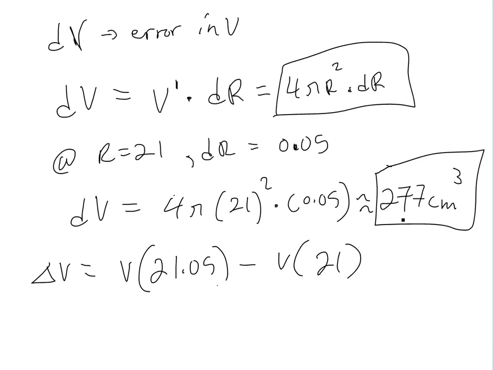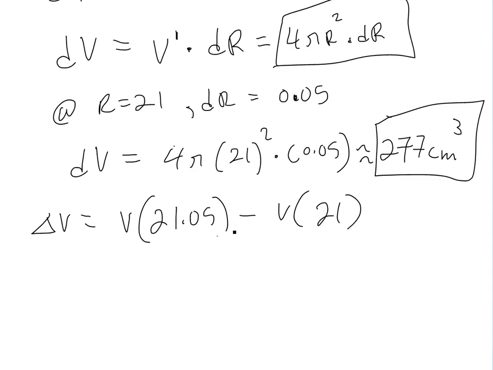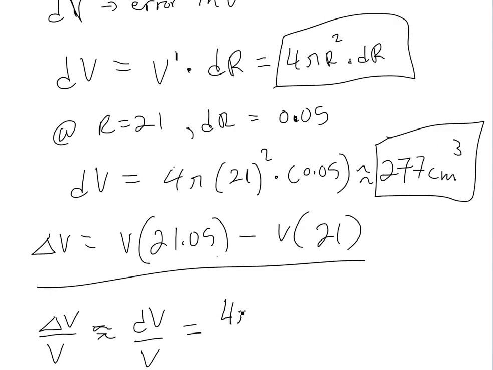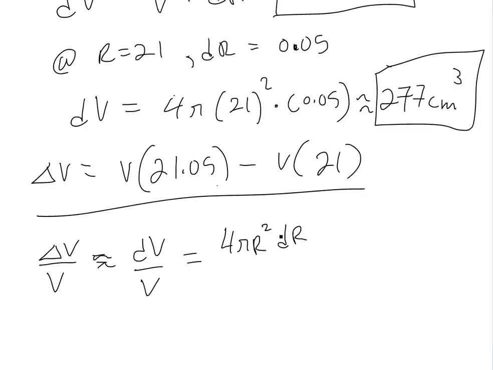This 277 seems like a lot, but it's not too much if you compare it to the full volume. If you compare the relative error, you have change in v divided by v, which is roughly equal to dv over v, the linear approximation. Just plug in the formula, it's quicker than plugging everything in: 4 pi r squared dr divided by 4 over 3 pi r cubed.